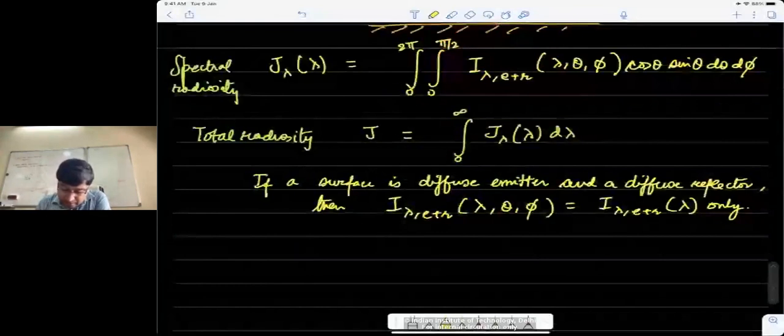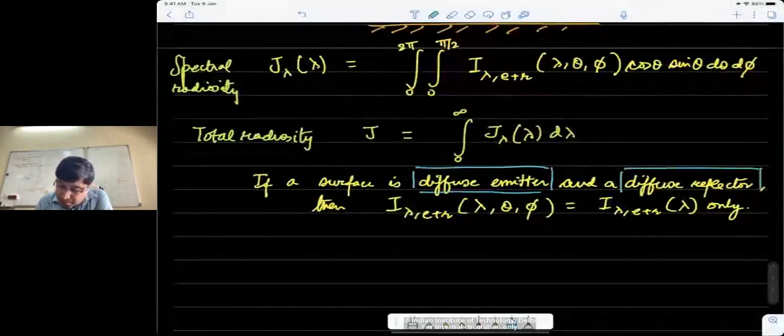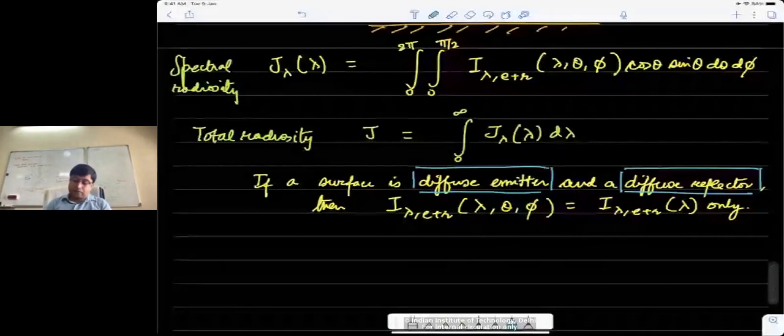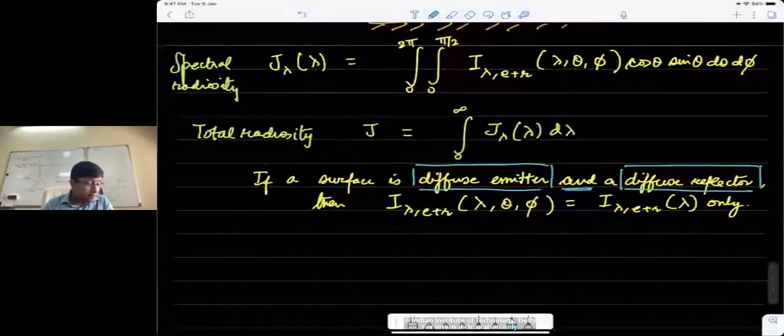So remember, I use words here. One is diffuse emitter, so it has to be both. Only then what I'm going to write is possible. If it's a diffuse emitter and diffuse reflector, then we can write I lambda e plus r to be only a function of lambda.